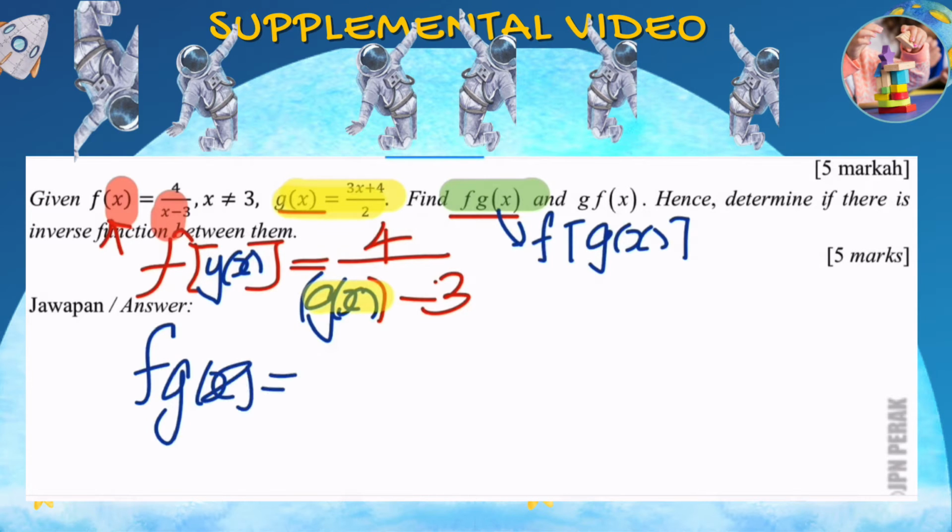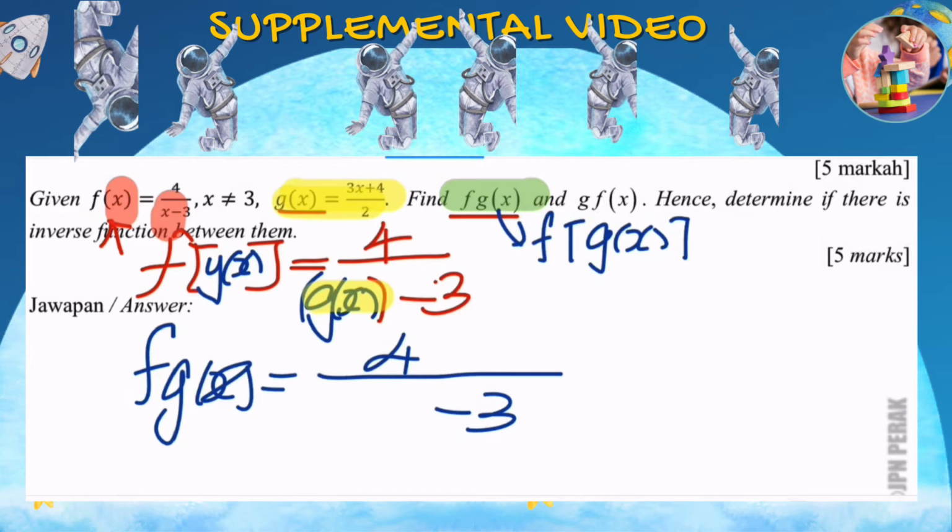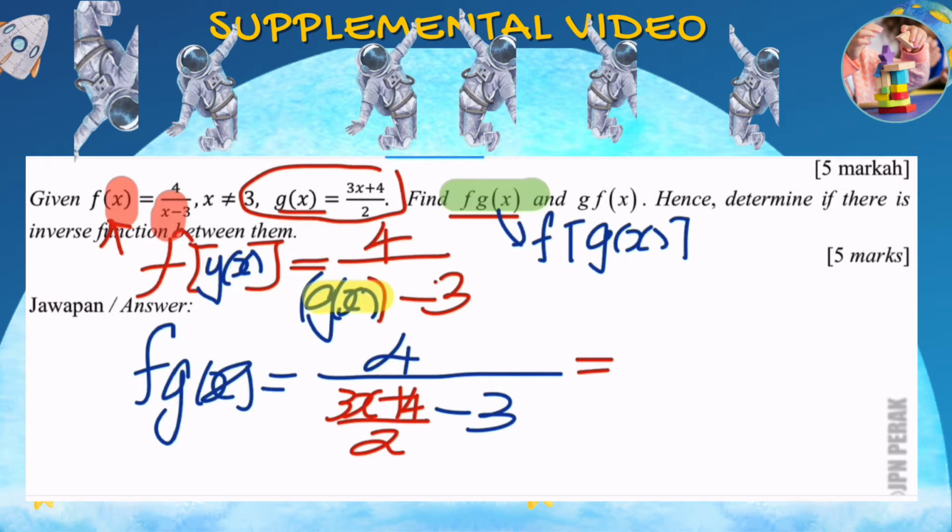So now we are going to substitute the function (3x plus 4) over 2 into the g(x) there. So that is how you find the composite function, right? So 4 over (3x plus 4) divided by 2. That is how we find the composite function f(g(x)).